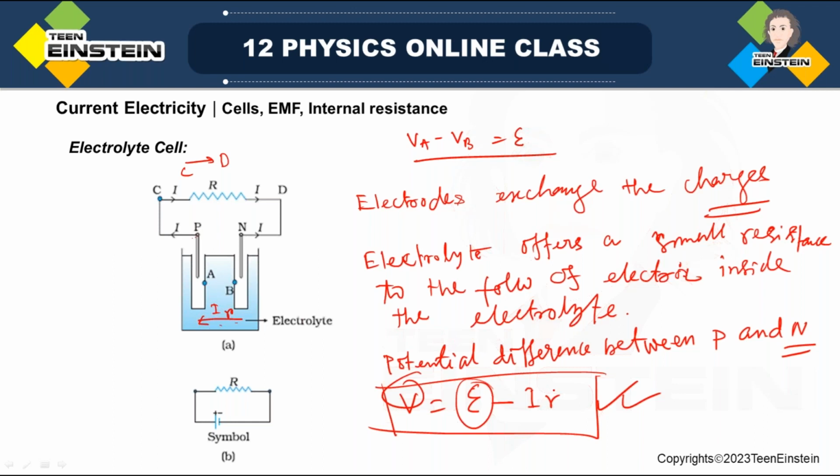This is the electromotive force, and this is the loss in the internal resistance. Now the circuit symbol for this cell is given here.